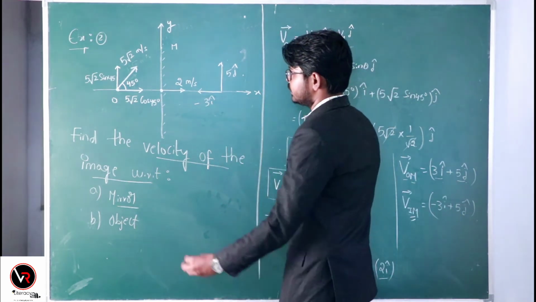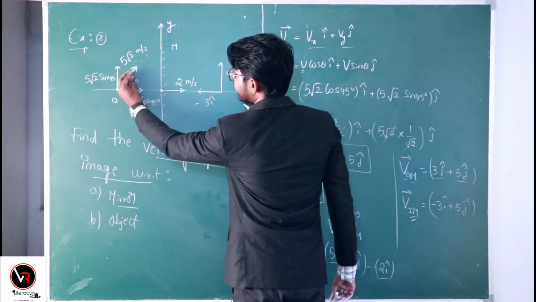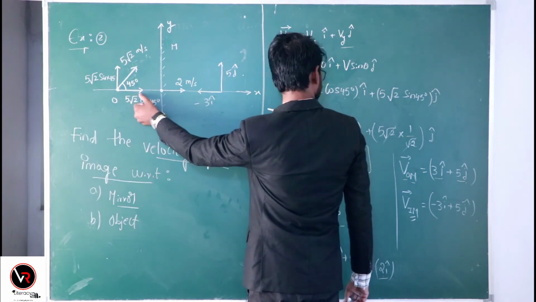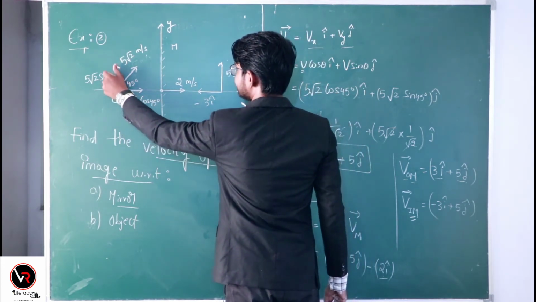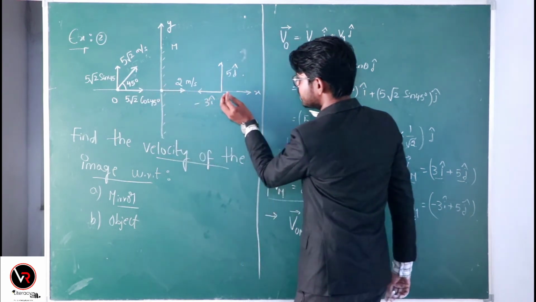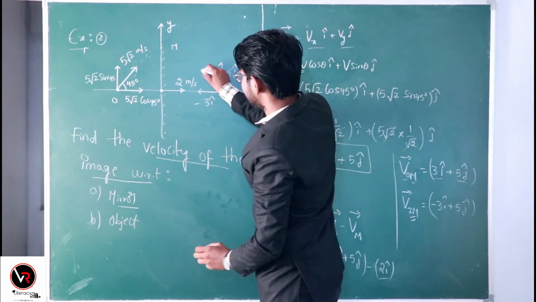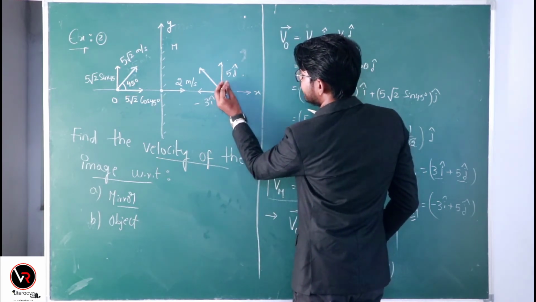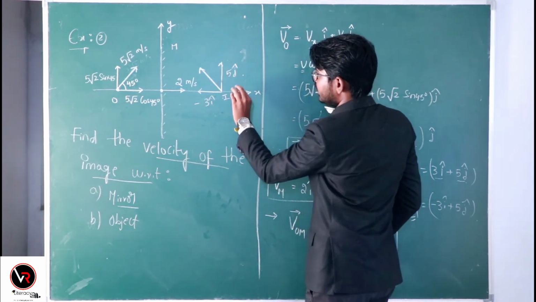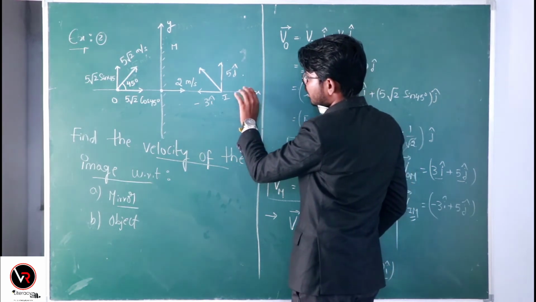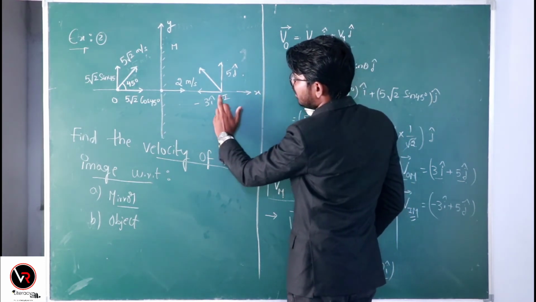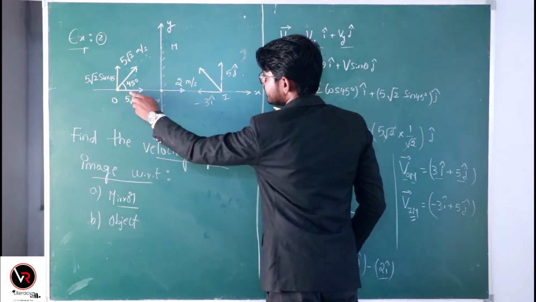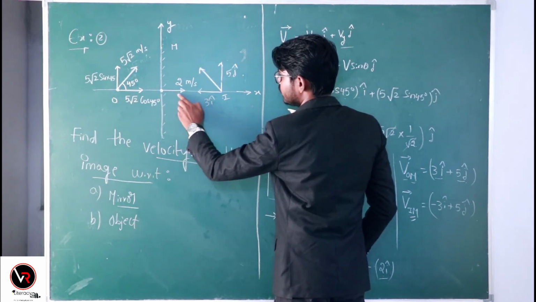Okay. So when the object is moving like this, it is moving with 3 meter per second in this direction and 5 meter per second in this direction simultaneously. So the image moves like this. It moves with 5 meter per second in the upward direction. It also moves 3 meter per second along the horizontal direction, but along the negative x direction. So this is the plane mirror which reverses this velocity, which is perpendicular to it.